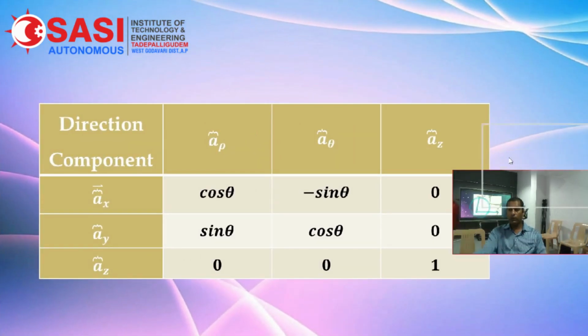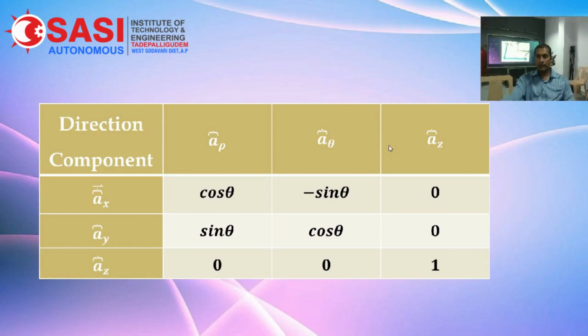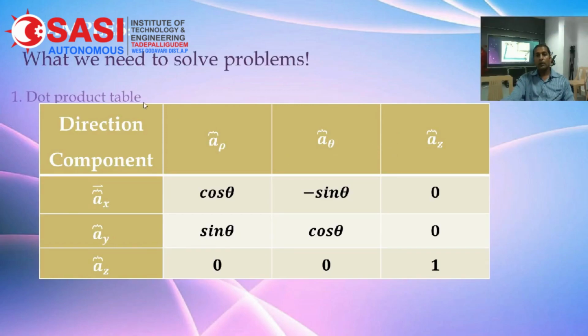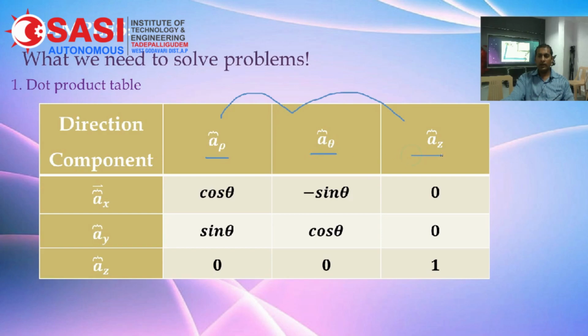So one more thing what we require in the example solving is the direction components dot product. So here we have conversion for these three components. These three components are AR cap, A theta cap and AZ cap. And these directions for the Cartesian coordinate system are AX cap, AY cap and AZ cap.